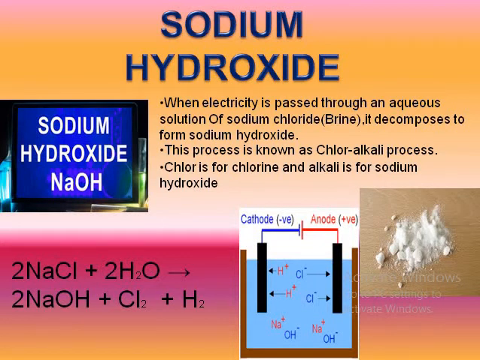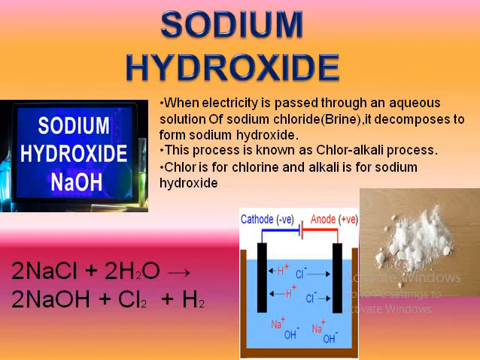Okay. Now as electricity is passed through it, chlorine gas is liberated at the anode and hydrogen gas is liberated at the cathode. In the diagram also you can see that the gases are liberated at cathode and anode. Now you see all the three products which are obtained here are useful.